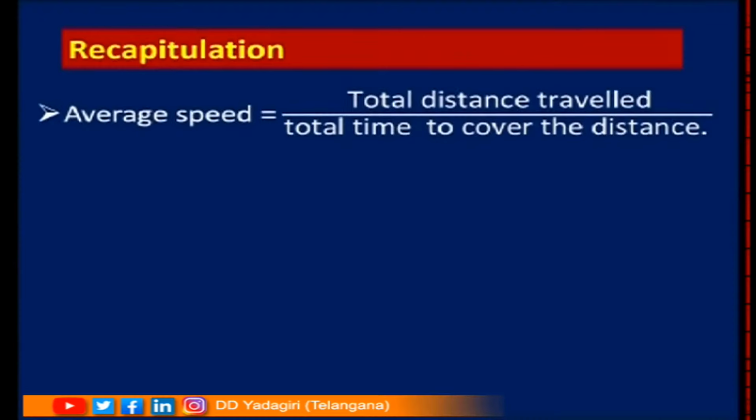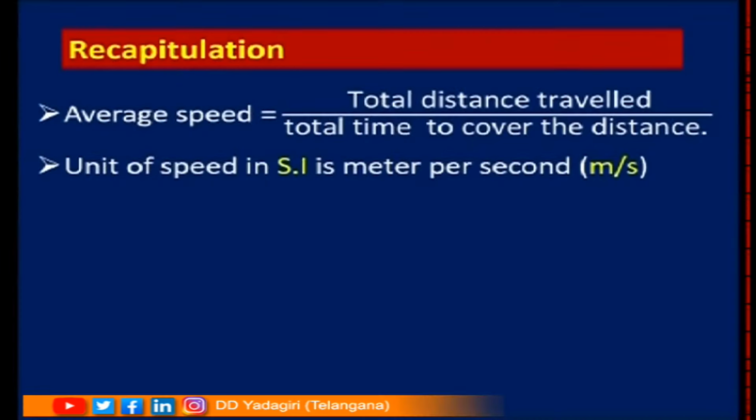Okay? And you also learned some concepts like distance, time, speed. What is speed? The average speed is equal to the total distance travelled divided by the total time to cover that distance. This formula you have also learned in your 7th class. So what is the unit of speed, children?